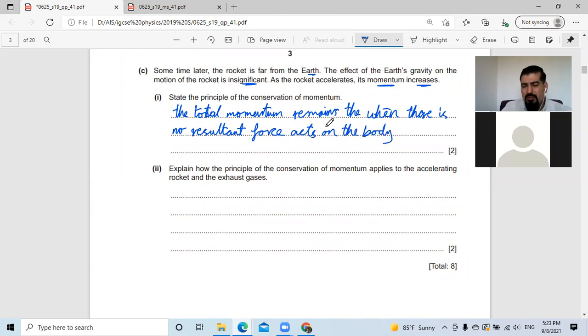So the total momentum of any body remains the same if there is no resultant force acting on the system, if we are talking about two bodies.